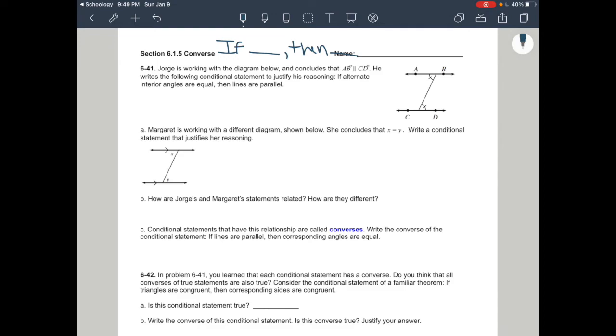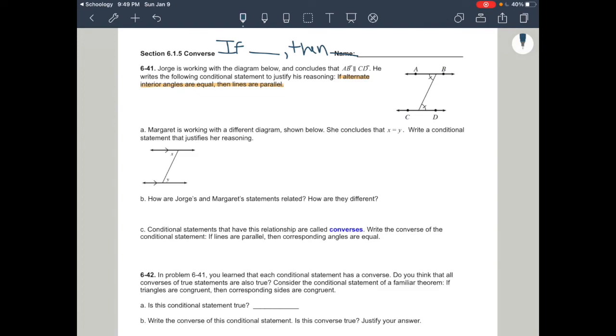So then the next part, it says Margaret is working. Let me highlight actually this. Margaret is working with a different diagram shown below. She concludes that x equals y. So it says write a conditional statement that justifies her reasoning. We're going to start with what is true in the picture so far.